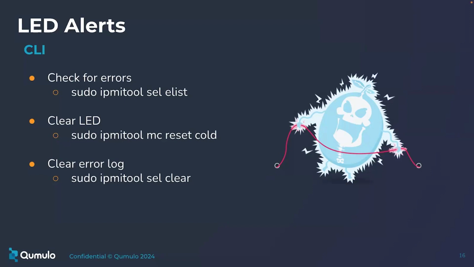Unfortunately, we don't have a clean way of clearing them outside of doing a reset on the BMC as a whole. And likewise, we don't have a whole lot of rhyme or reason as to why it may have gotten turned on. So we do end up going through the extended list here and see if things match up.